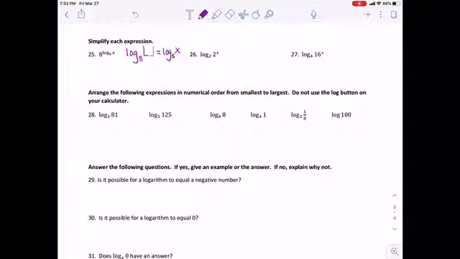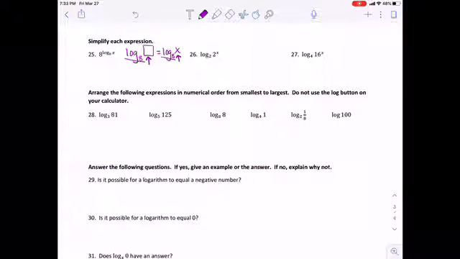I want to know what this something is. Well, if the log base 8 and the log base 8 are the same, then that would mean that the piece inside of them must be the same, which means in the box I would fill in x. So I know that this first answer is x.